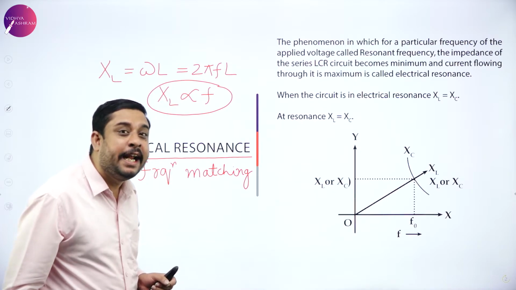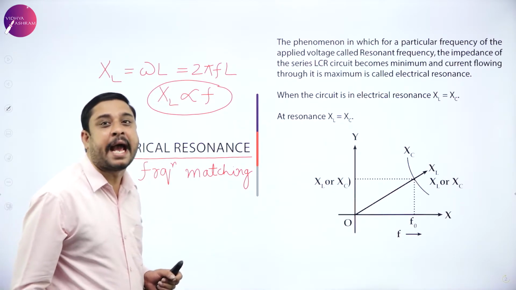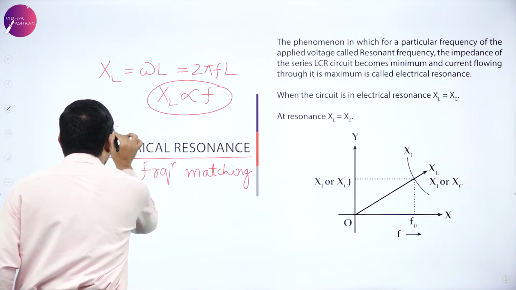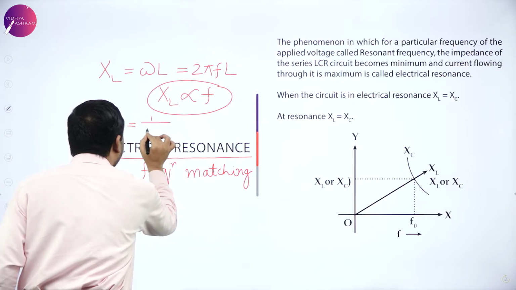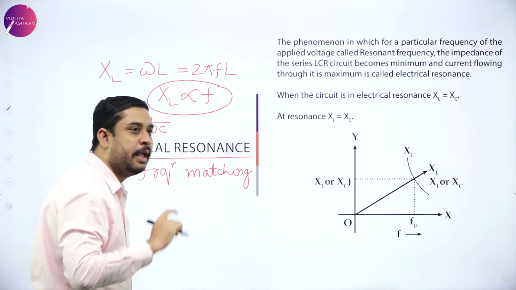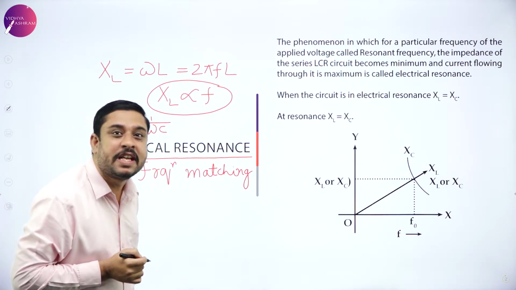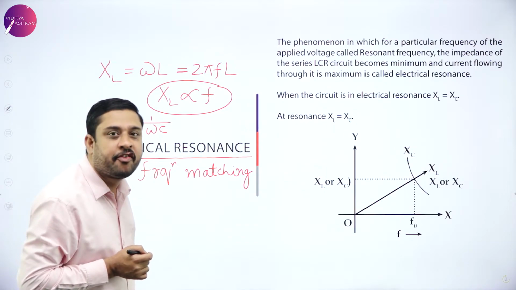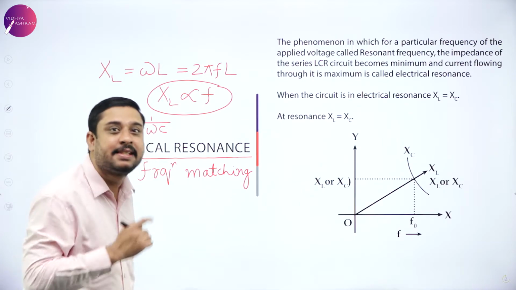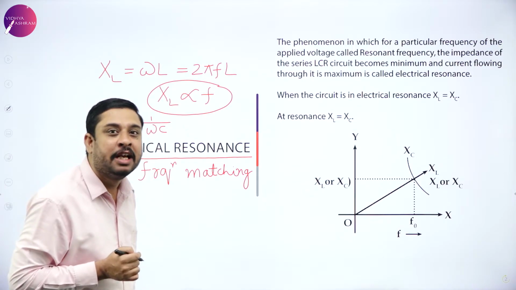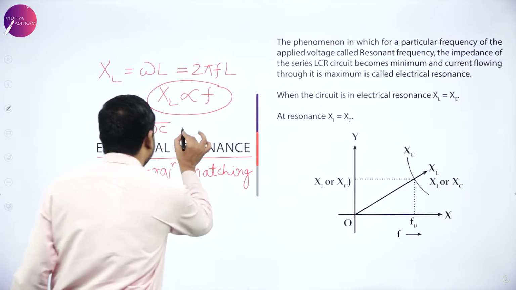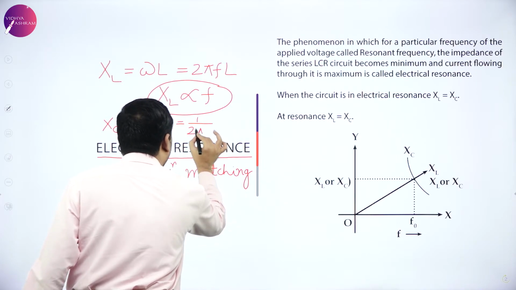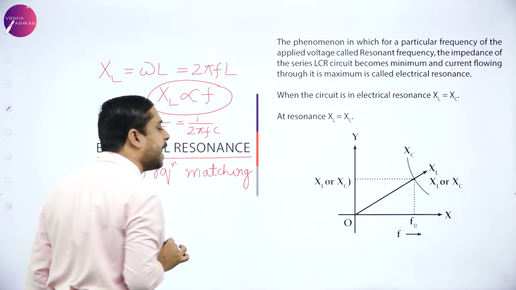Similarly, we studied capacitive reactance, XC, which was 1 by omega C. And what is capacitive reactance? Opposition offered by a capacitor to the flow of AC current. And this is 1 by 2 pi fC.